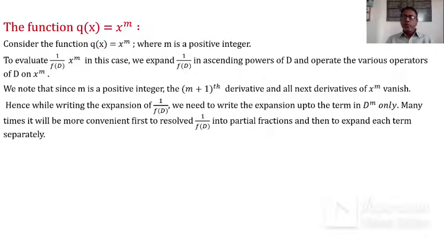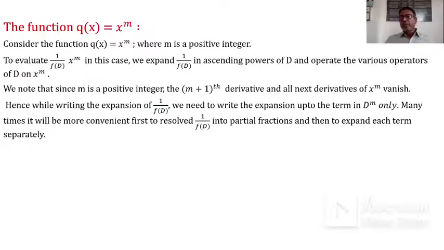Therefore, when we expand this 1 upon f of D in ascending powers of D, in that expansion we consider the terms up to only D to the power m. We neglect the remaining terms since the (m plus 1)th order and higher order derivatives are 0.